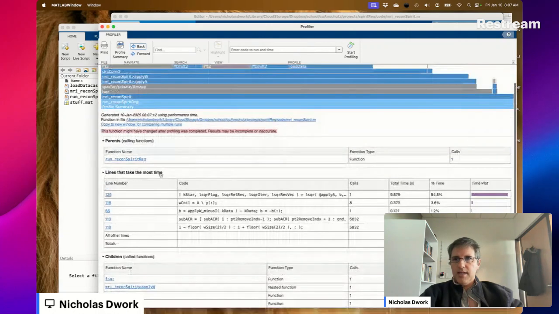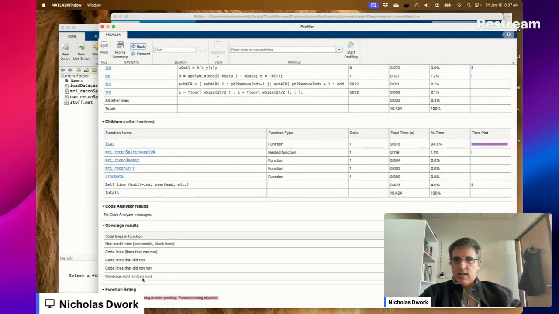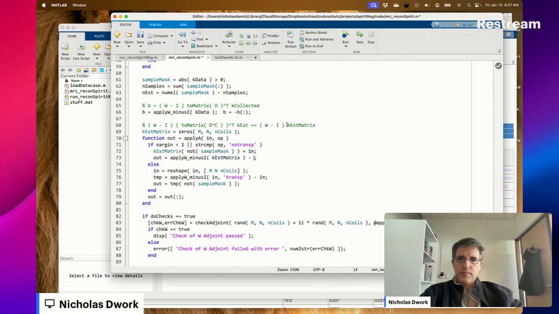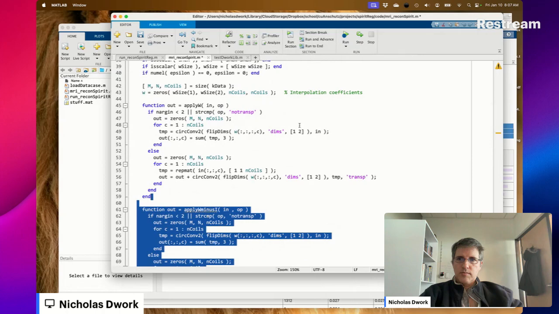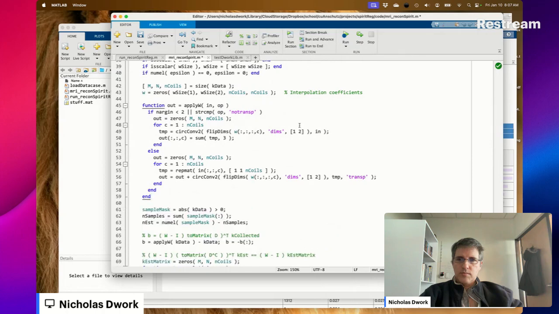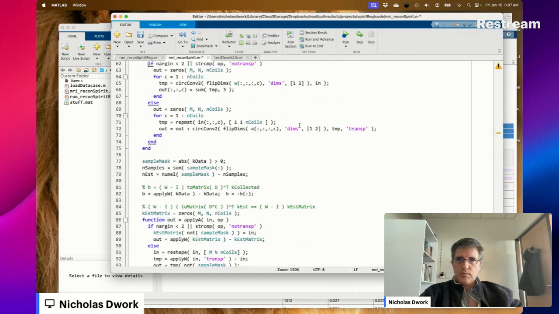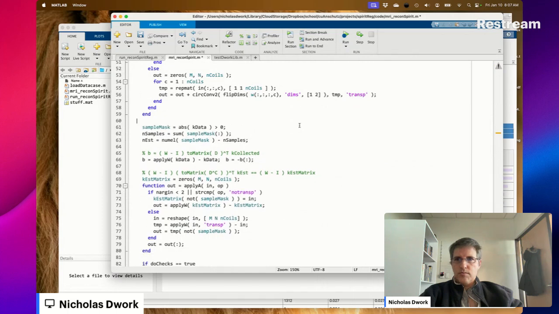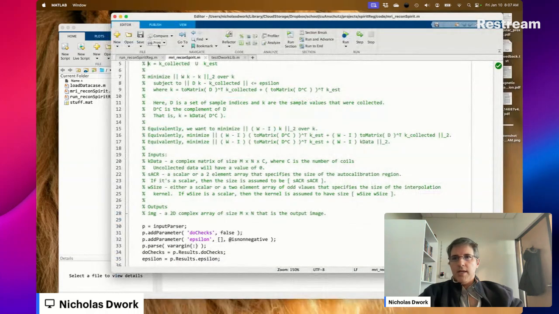Where is apply A? This file was modified during or after profiling, so you can't see the listing anymore. Let's just profile it again.